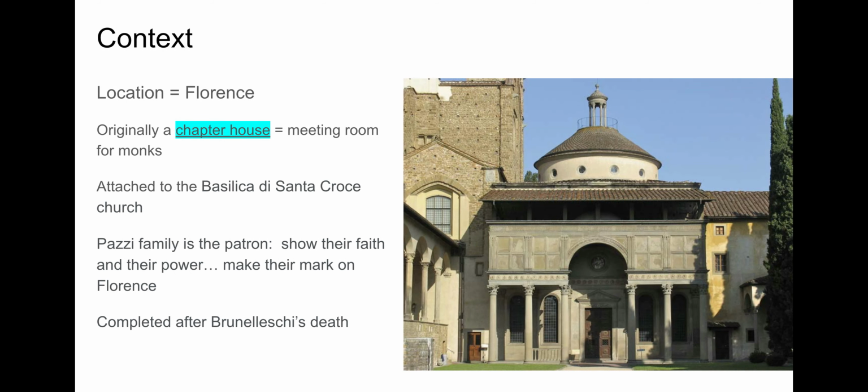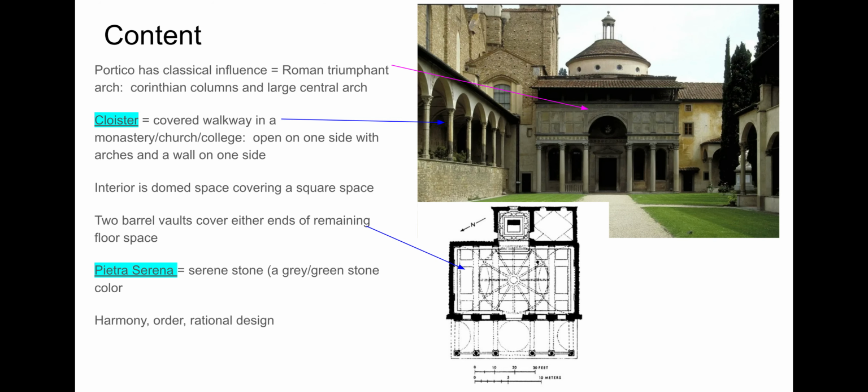Moving on to content, we're just going to take it step by step. I've also included a floor plan image of the interior of the chapel so you can see the geometry in full force. What you're looking at straight on is the portico, this front entrance porch-like transitionary space between the outdoor world and the interior, more religious space.